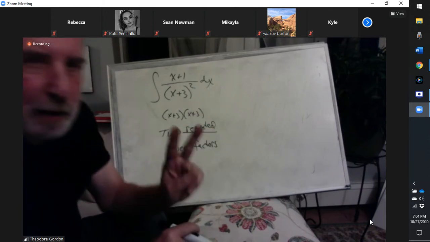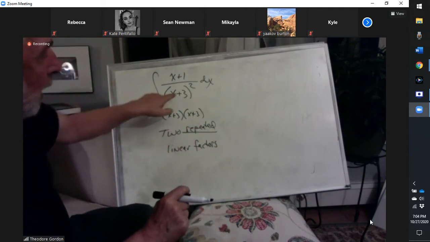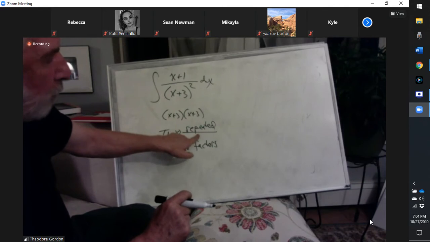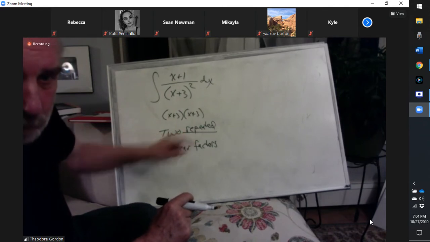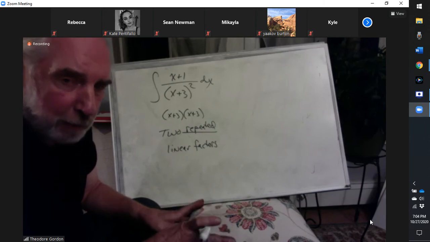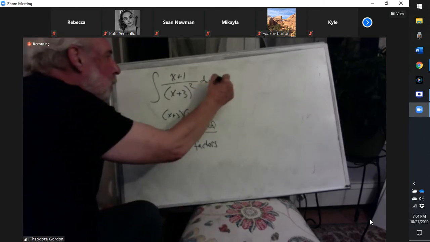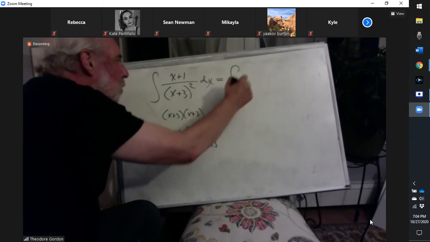Last time we had 2 distinct linear factors. They were different. Now, both of these factors are the same. They are repeated. So we have to allow for every possibility. So when you have repeated factors, it's going to break up like this.